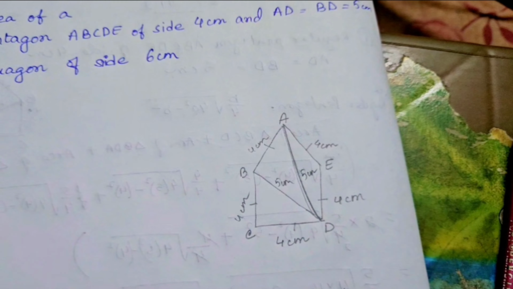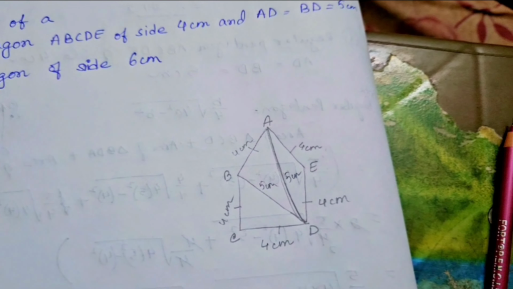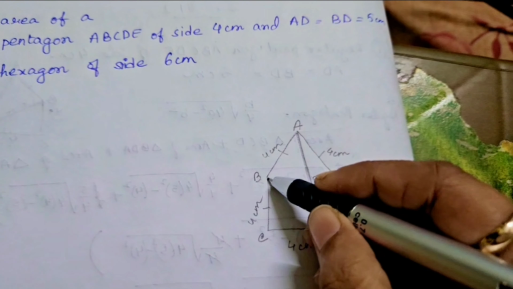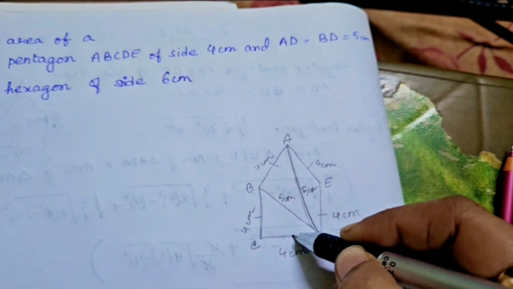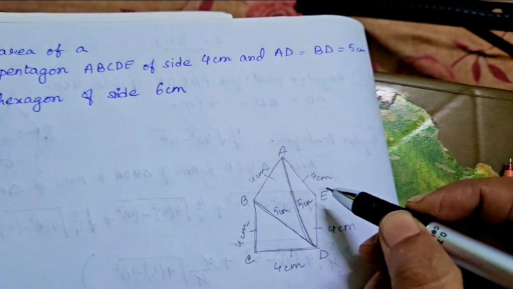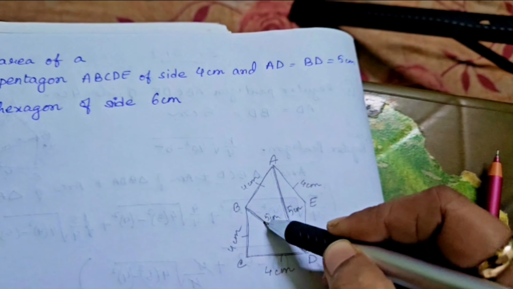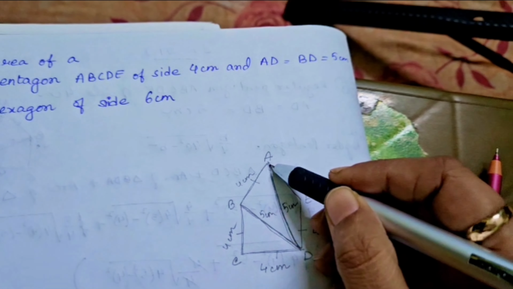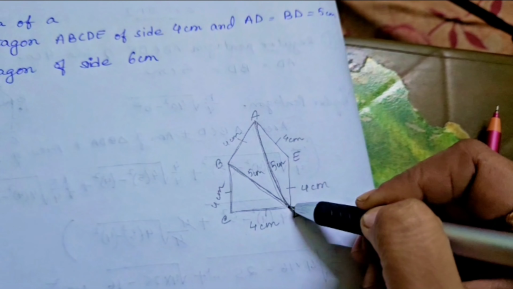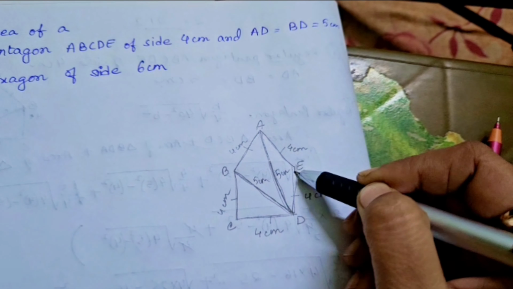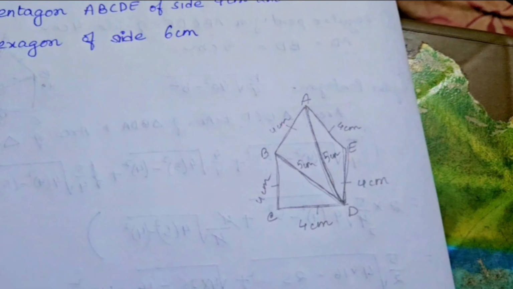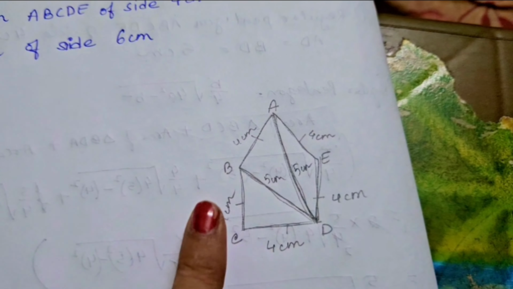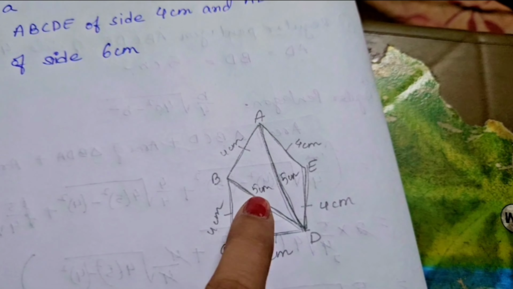So if we see over here, in this pentagon, we are getting 3 triangles. One is triangle BCD, triangle ABD, and triangle ADE. Clear?